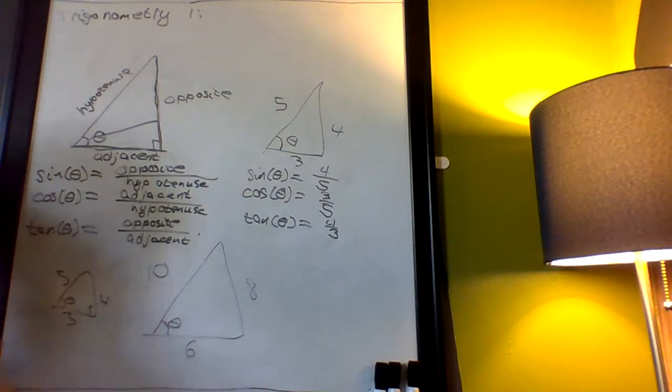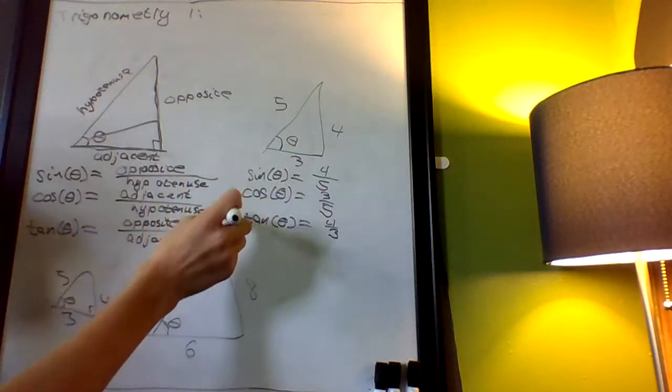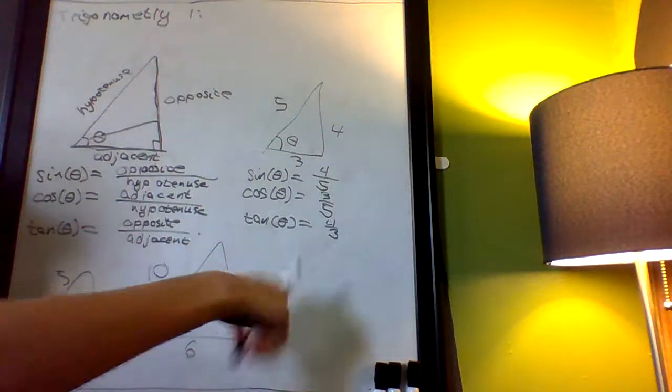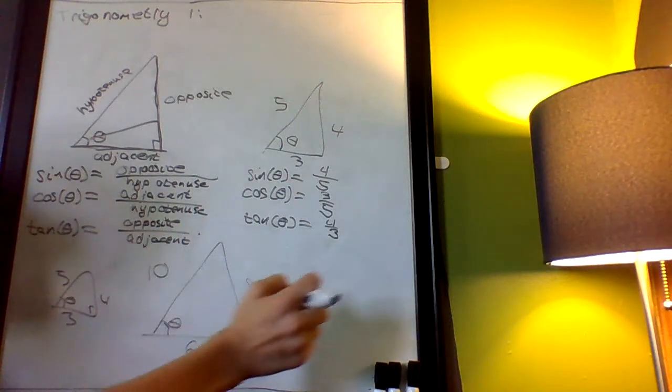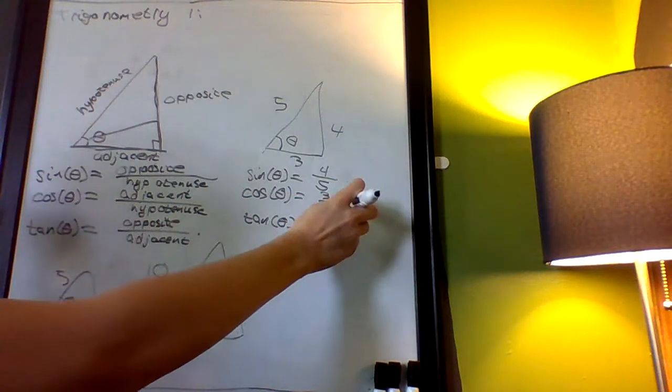And the ratios of sine, cosine, and tangent are still the same because 8 on 6 can be simplified to 4 on 3, 8 on 10 can be simplified to 4 on 5, and 6 on 10 can be simplified to 3 on 5.